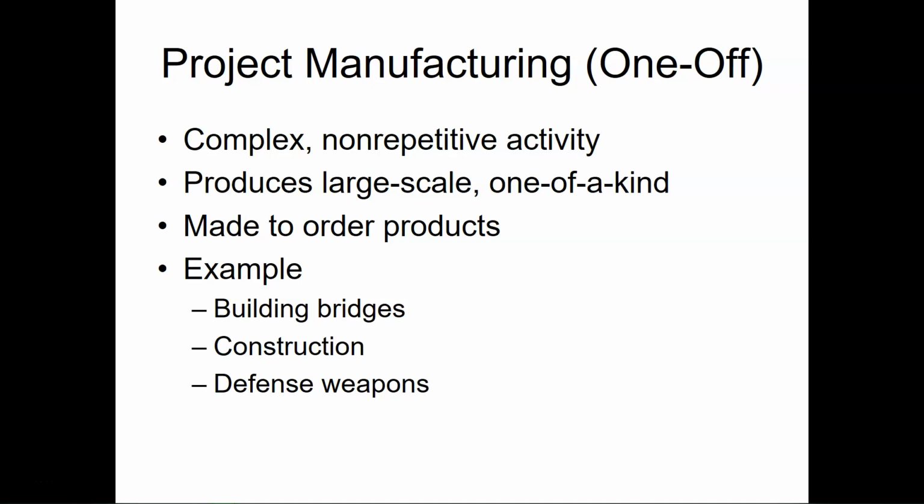So basically, this is unique builds. Things that will never be done again by anybody else, or won't be done very often by anybody else. Does that make sense? So it's a one and done.